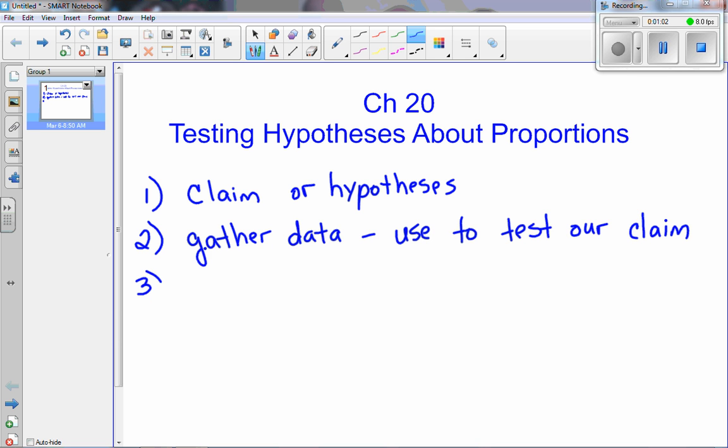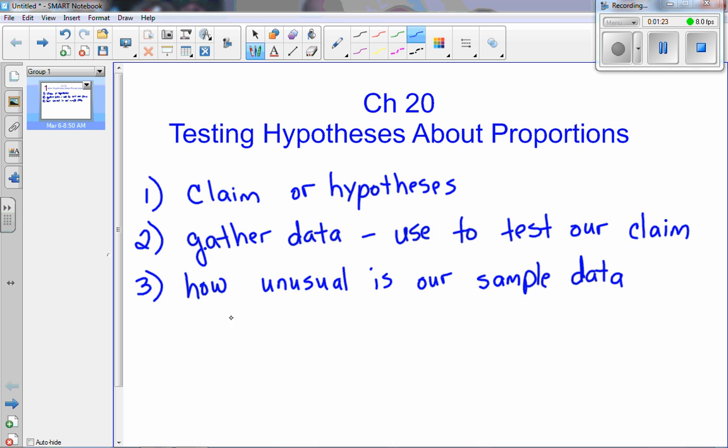Then the third thing we need to do, once we're using our data, is decide how unusual our sample data is. And we're going to make a decision, and our decision will be one of two things.